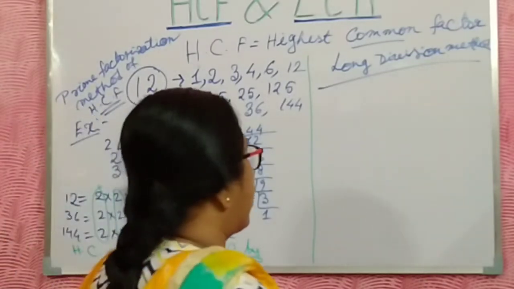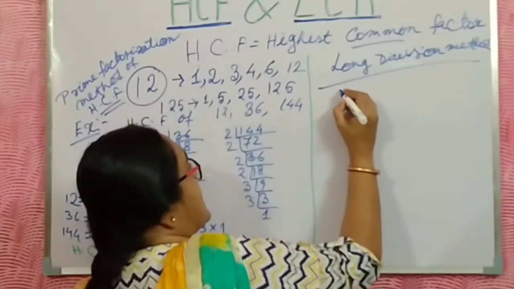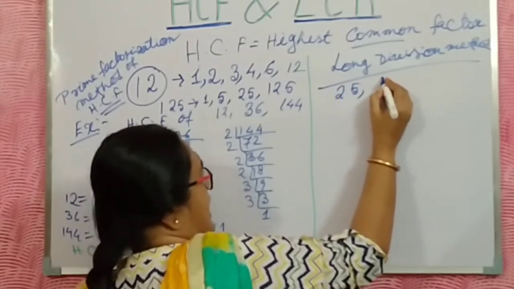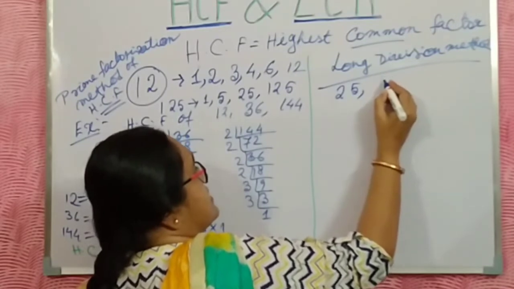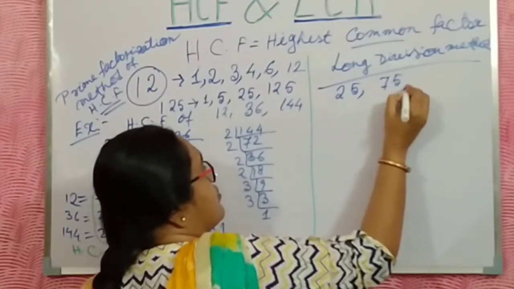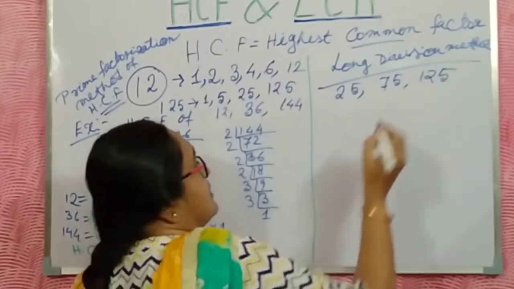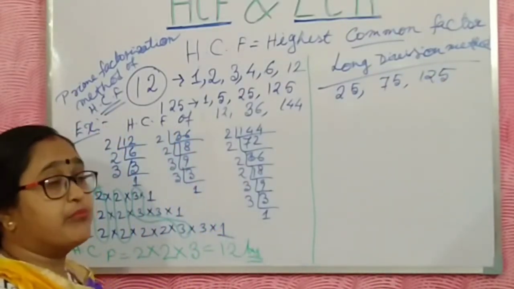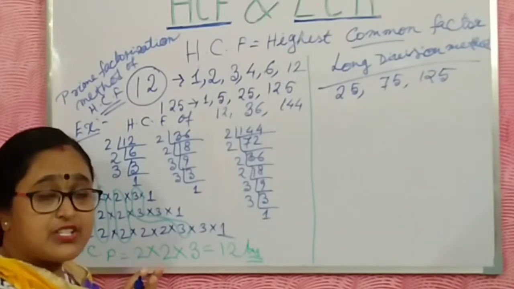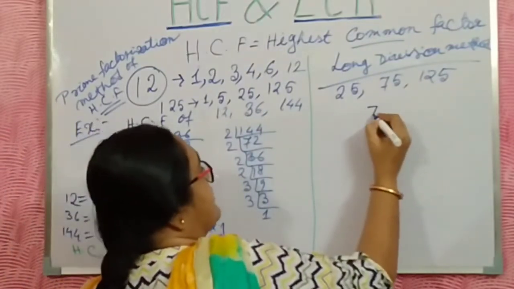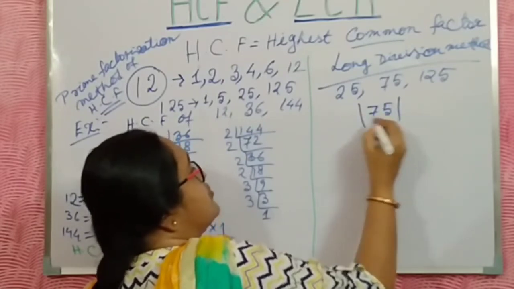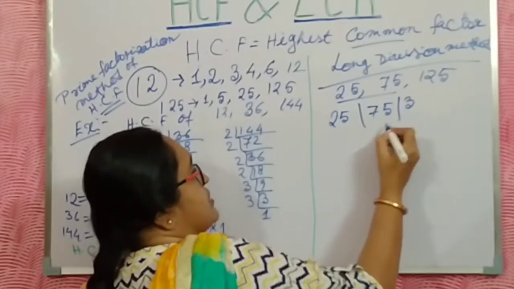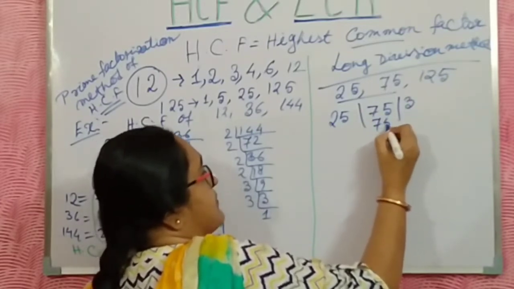Okay, now I take some numbers: 25, 75 and 125. First you divide 75 by 25, because 3 25s are 75.